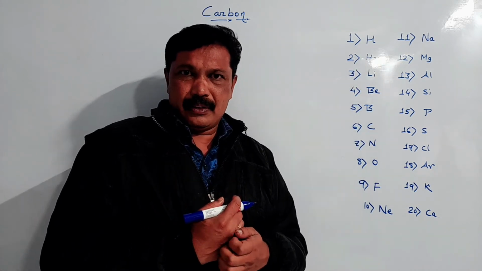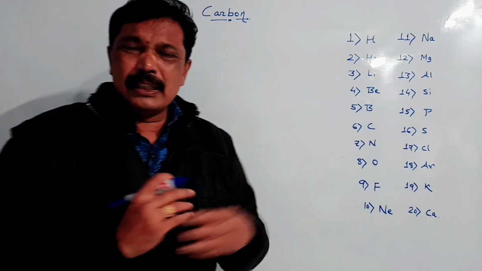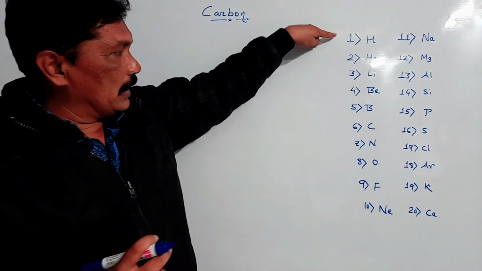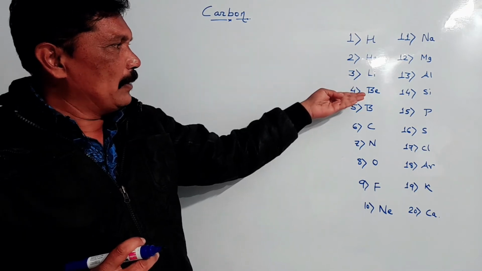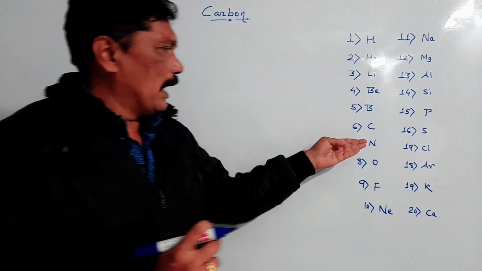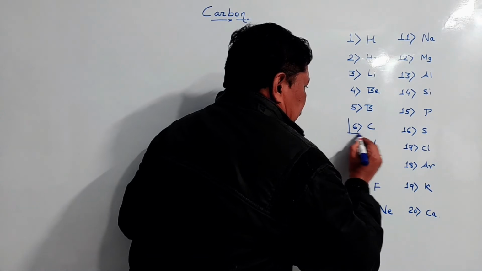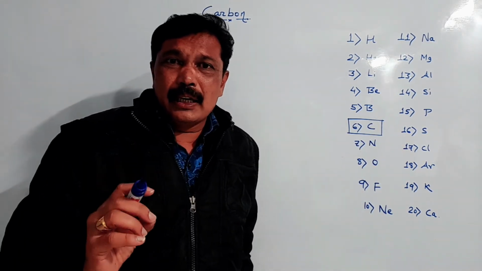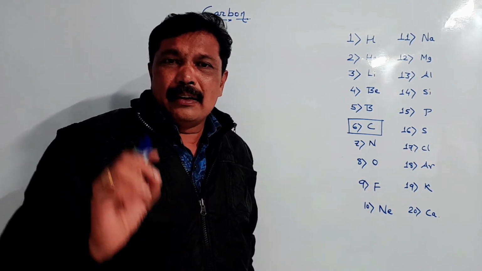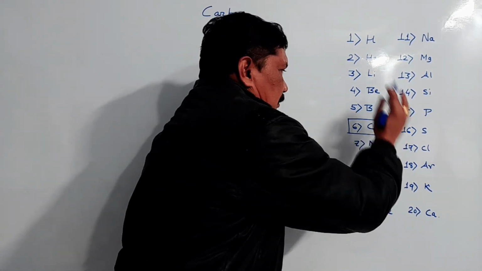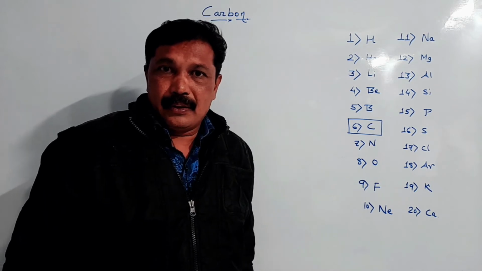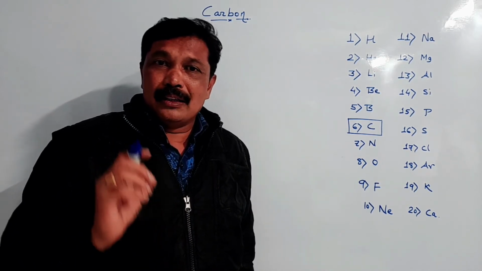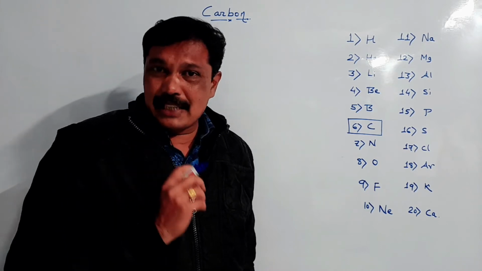Now my dear student, is carbon present in this sequence? Yes. Hydrogen, helium, lithium, beryllium, boron and carbon. So my dear student, here carbon is represented by capital C. So the basic information regarding carbon and its symbol we got in 7th standard.